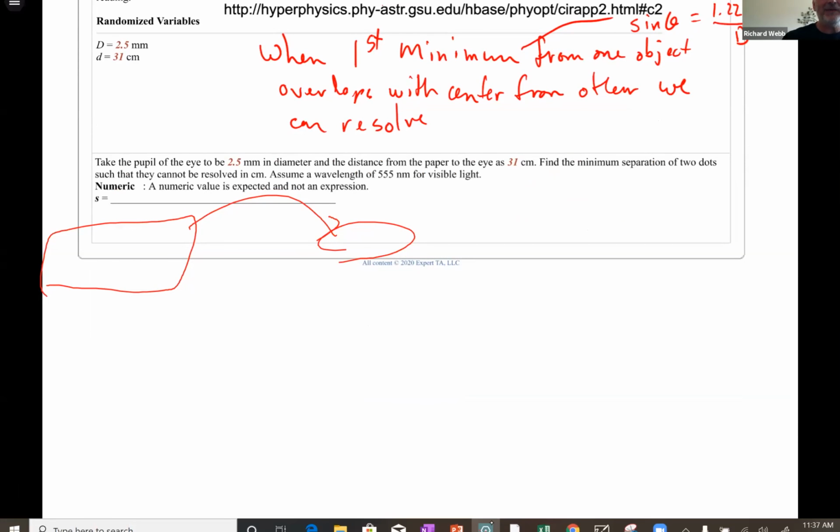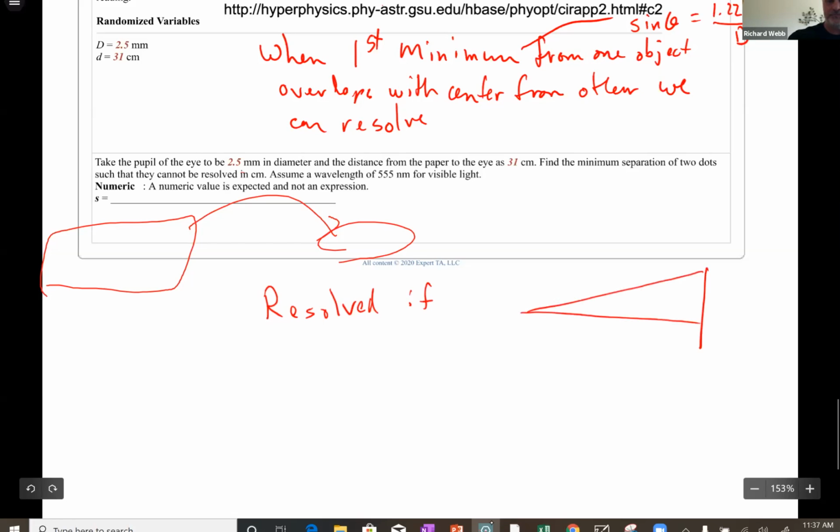Okay, so given that we have the pupil of the eye is 2.5 millimeters in diameter, so that's the D that we use in this equation, which you notice I used a capital D. And the distance from the paper to the eye is 31 centimeters. I've got to get my numbers straight.